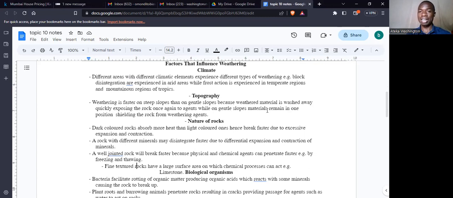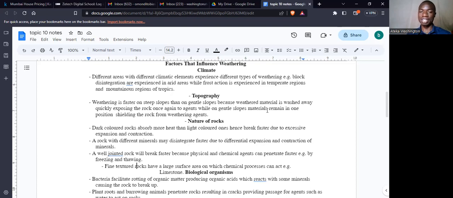Increase in temperature causes the rocks to expand. Decrease in temperature causes the rocks to contract. Continuous expansion and contraction of rocks will lead to fracturing of the rocks, which will lead to mass wasting, and later on the rocks will be washed away. That's how we get to transportation.